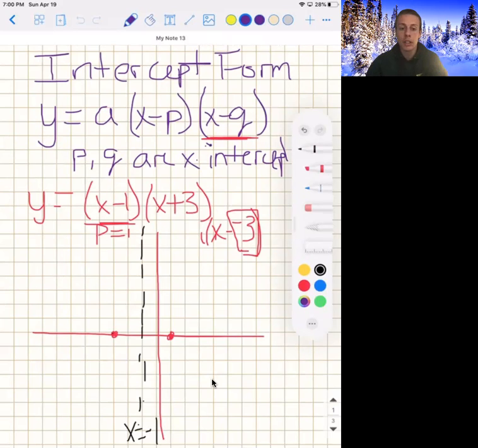So to find the vertex, we could actually just plug this negative 1 in. If I plug in negative 1 into our equation, I'd have negative 1 minus 1 times negative 1 plus 3. Well, negative 1 minus 1 is negative 2, and negative 1 plus 3 is a positive 2.